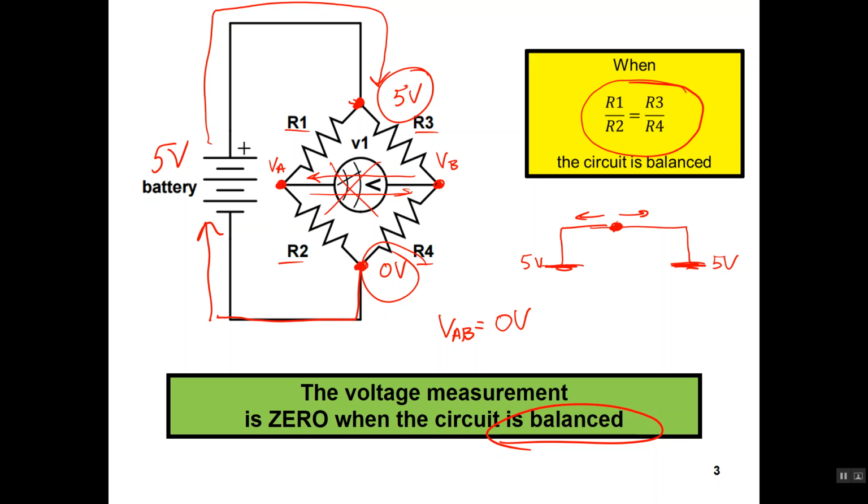The reason we call it a balanced circuit is because there is no current that travels through the middle, because the voltage at VA and the voltage at VB are the same, and therefore no current goes between them. If you want to create that experimentally, you have to use this ratio to establish it.